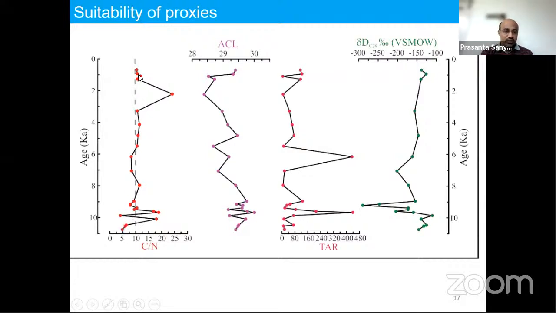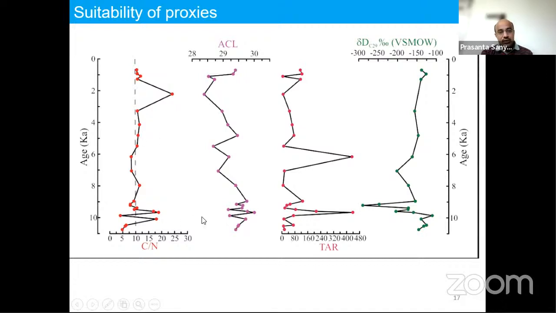Here you can see from the C/N ratio that even though there were fluctuations, it mostly suggests that the dominant organic carbon fraction is from the catchment area. And that is what we need, because if you want to reconstruct climate, the catchment organic carbon is the best one to select.